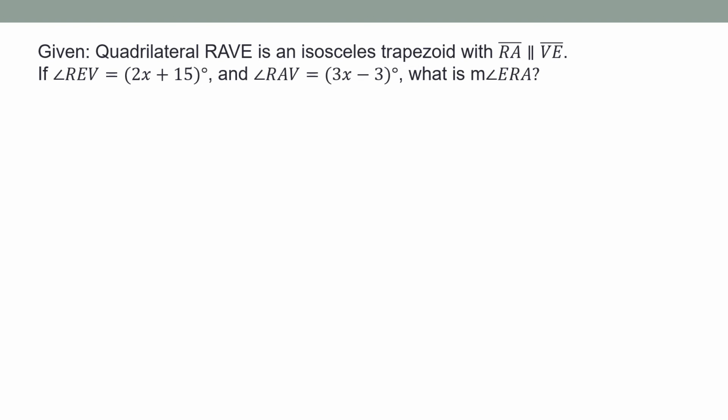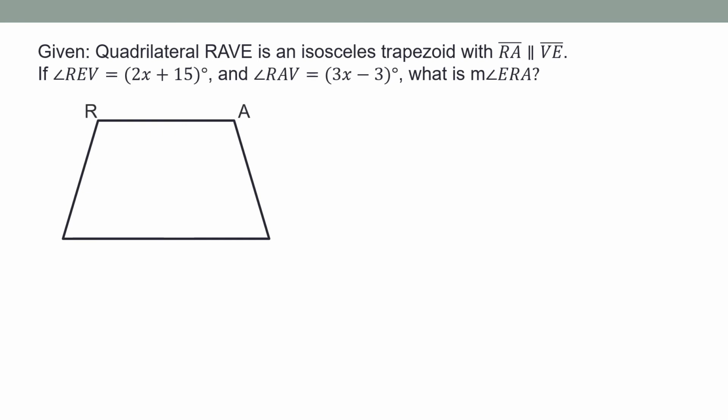First, we will draw the isosceles trapezoid. And then we will label RA parallel to BE. Angle REB is 2x + 15 and angle RAB is equal to 3x - 3.